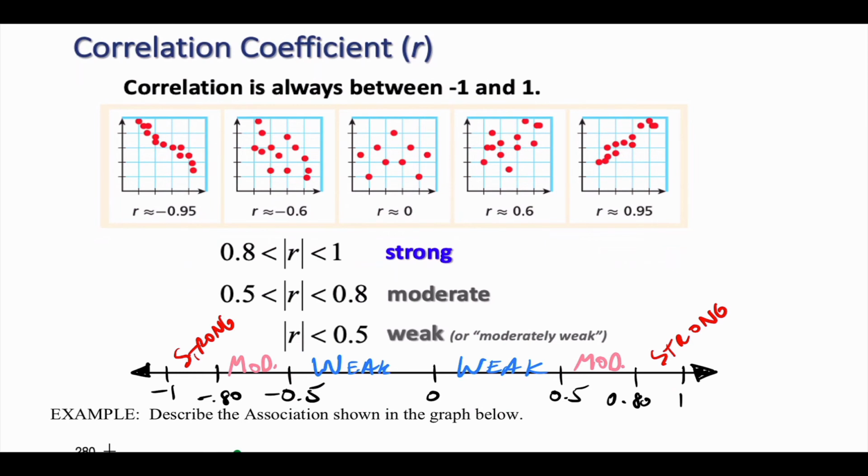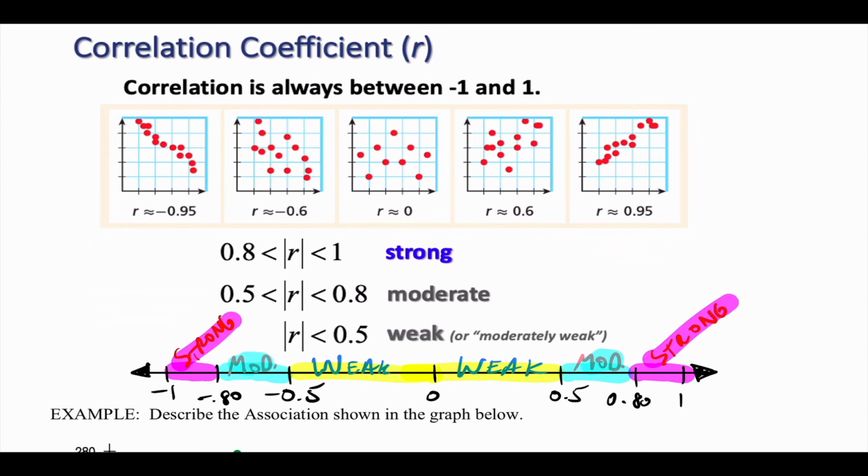Okay. So here to here, weak. Here to here, moderate. And the edges here, very strong.